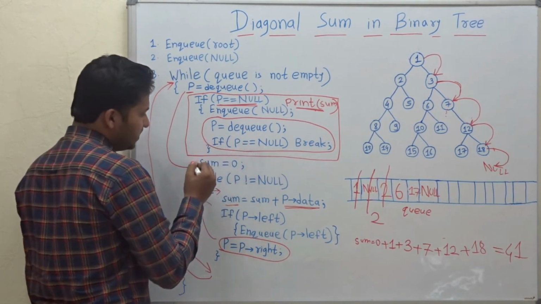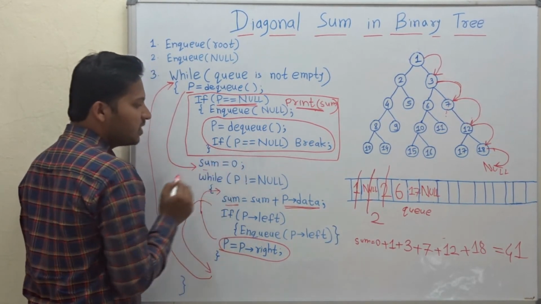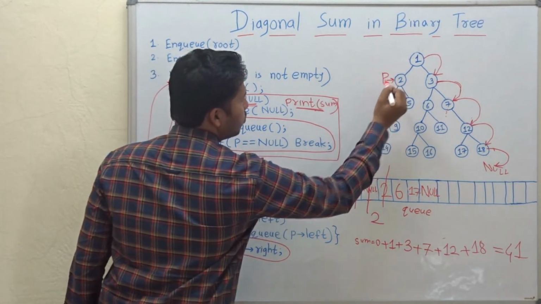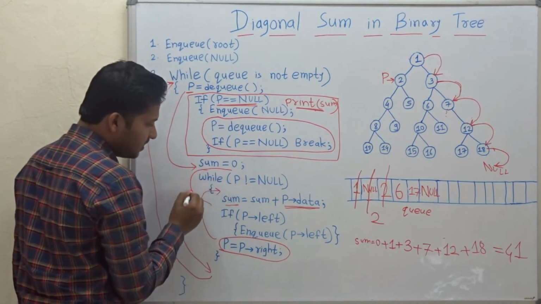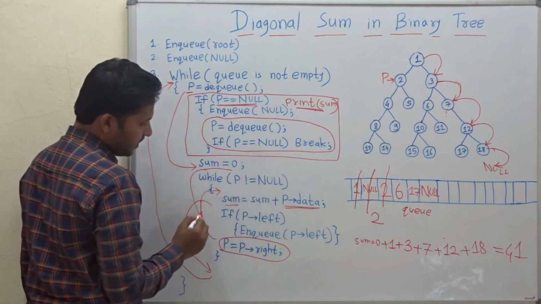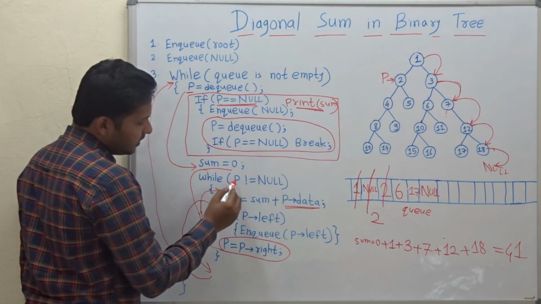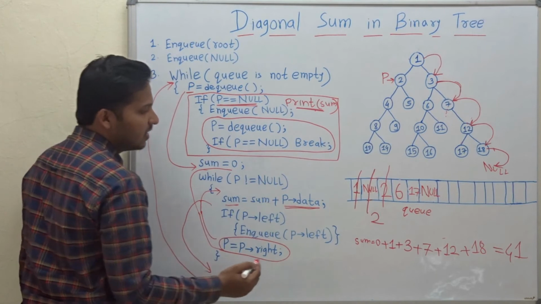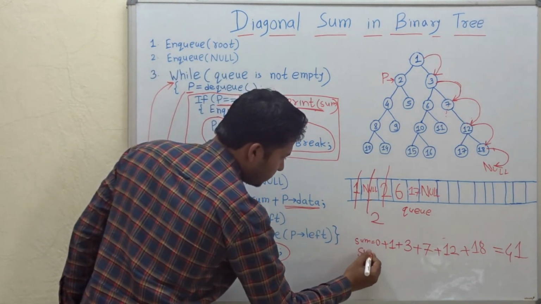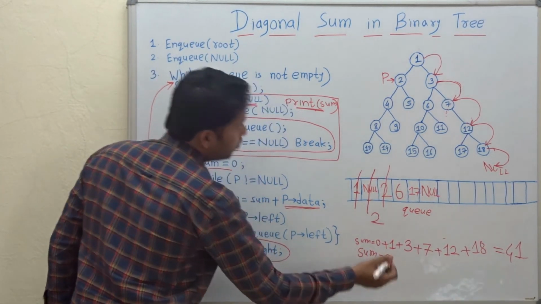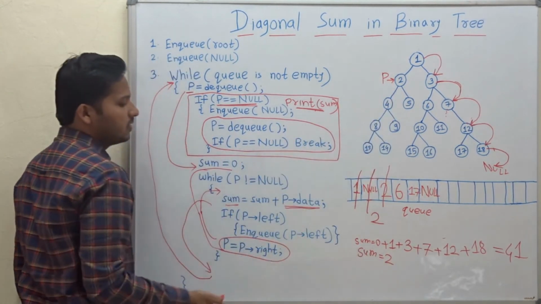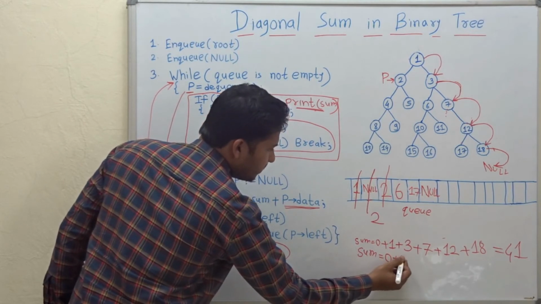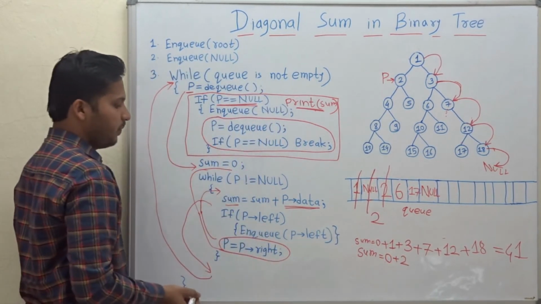We come out of this if condition and initialize sum equal to 0, and now P is pointing to 2 and we again start with the right child series, that is this code. While P is not equal to null, sum is equal to sum plus P's data. First sum will be initialized to 0, and then we add 2 to the sum.